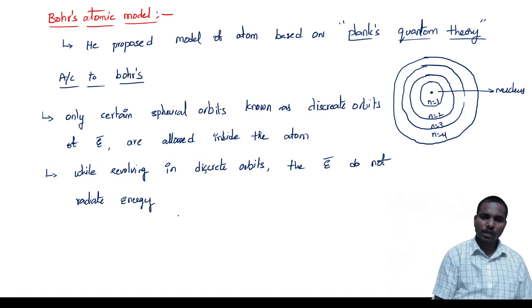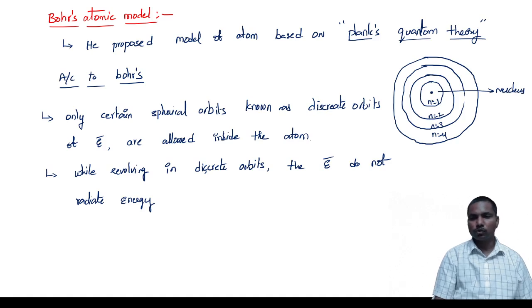Whenever they are revolving around the nucleus in a discrete orbit, they do not radiate or emit energy, but whenever they are moving from 3 to 2, 2 to 1, in that case there is a chance of energy being emitted. They do not radiate or lose energy while in an orbit.